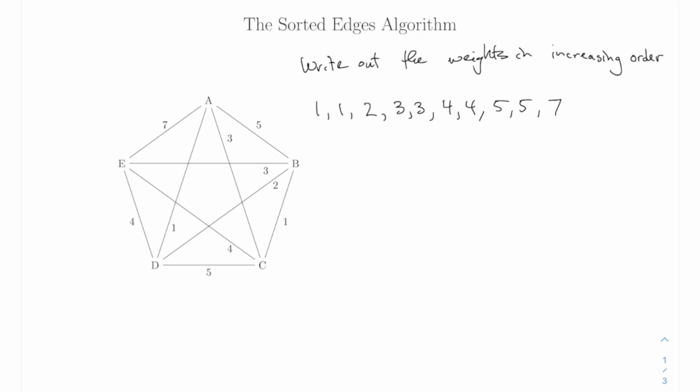This is why it's called the sorted edges. I have written the list of edges, at least the weights, in order. That's the word sorted. They are in ascending order. And you look at this list now, and you just pick edges from here, starting with the cheapest, starting with the least weight.